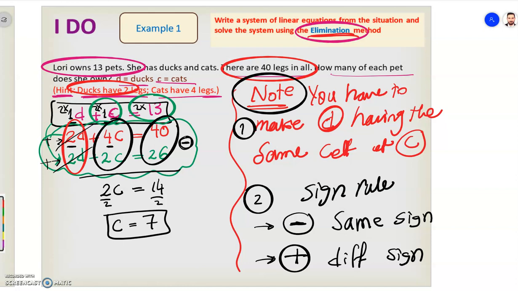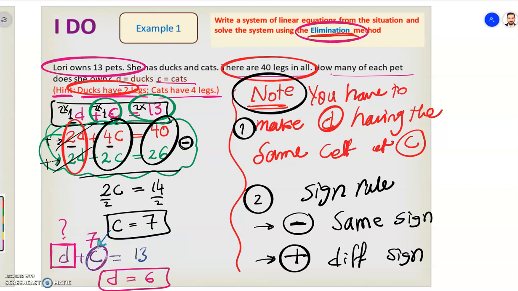If you substitute C equals 7 here in D plus C equals 13, what is the number that you can add to 7 to get 13? Yes, D is equal to 6.